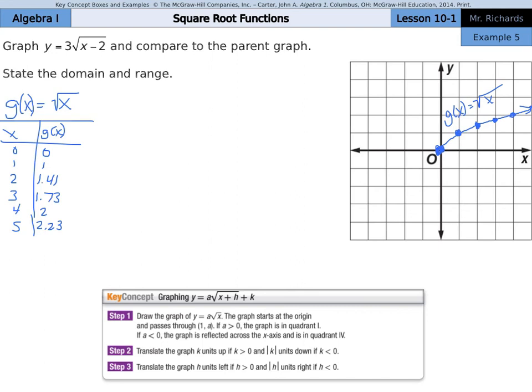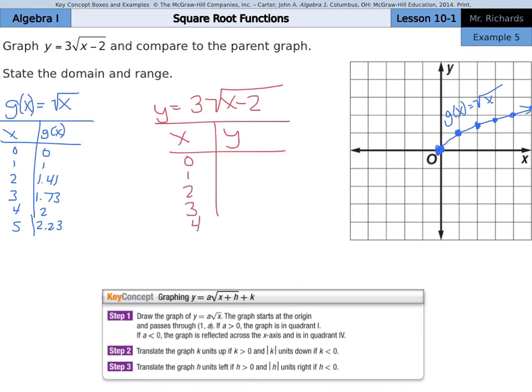And once again, I've drawn in the parent graph of the square root of x. And so what we need to complete now is y equals 3 times the square root of x minus 2. So we can make one more xy chart. And we look at 0, 1, 2, 3, 4, and might as well look at 5 as well.